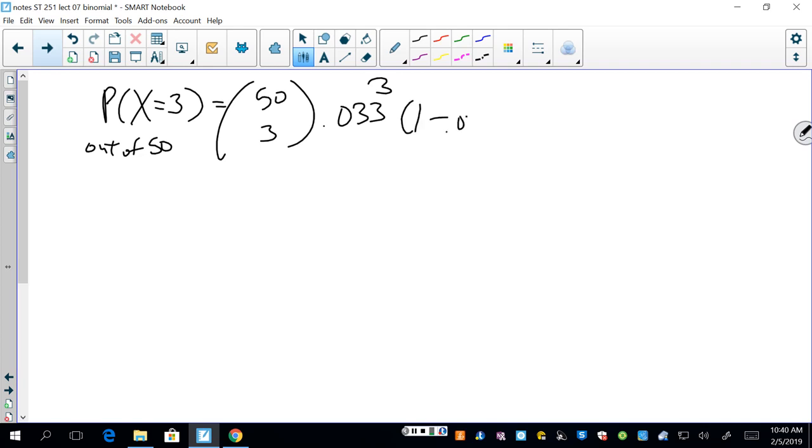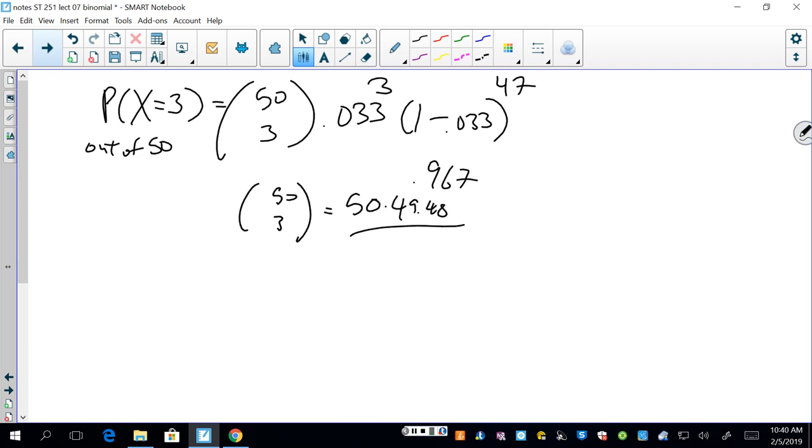Times 1 minus the probability they don't, that's 0.967, and the remainder is 47. I'm probably going to do this on a calculator. 50 choose 3, if you wanted to calculate it by hand, you can do 50 times 49 times 48 over 1 times 2 times 3, and get some number. The final answer probability is about 0.145.